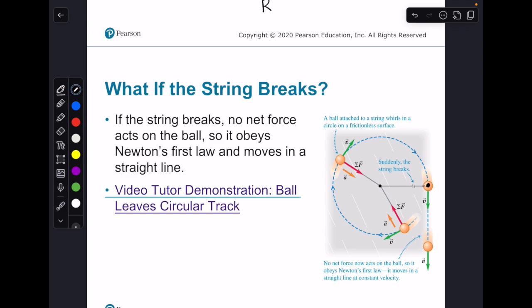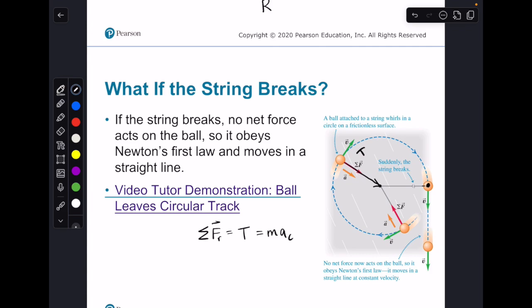Well, that is going to have to be the tension in that string, right, which points in this direction. So if we add up all the forces on that particle in the radial direction, we're simply going to get the tension in the string, and that tension in the string is going to be equal to centripetal acceleration, right, times the mass of the particle.